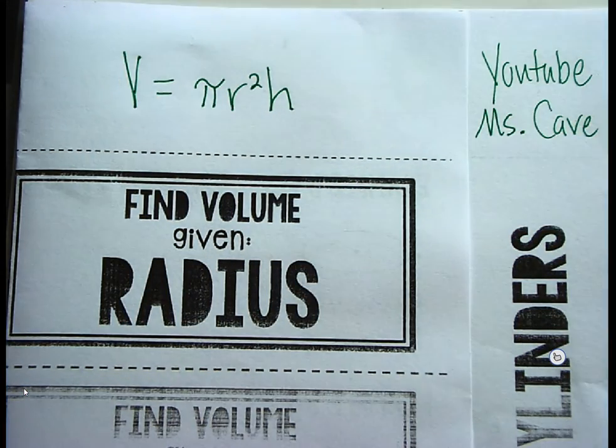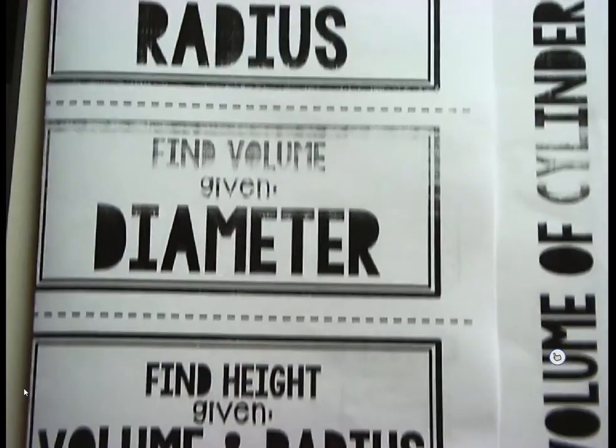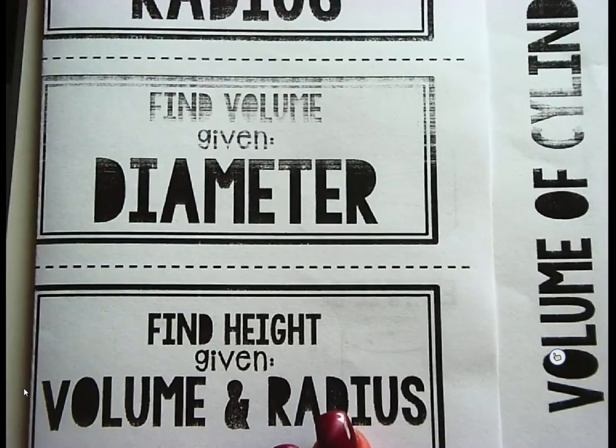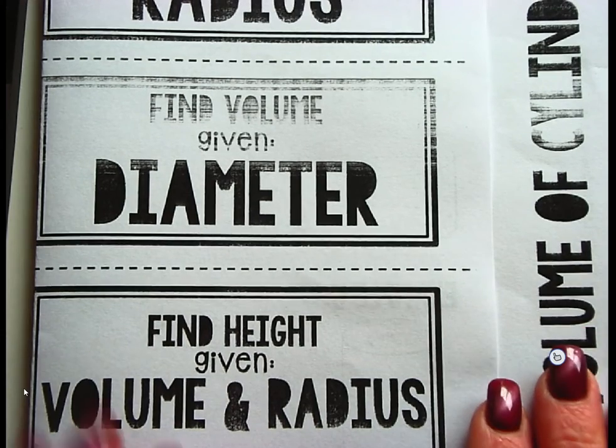We're going to use this formula for all of the problems, whether we're given the radius or the diameter. And the last type of problem is how we're going to calculate height when we're given the volume and the radius. So sometimes you're given the volume and the radius but not the height, and we can use the formula to calculate the missing height. We're going to go ahead and get started with some of these examples.